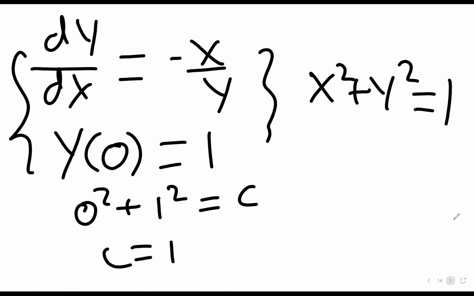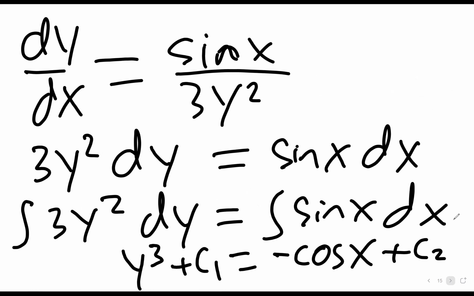And in particular, if you have information at some point between x and y, then you may obtain the value of the constant. And of course, we can repeat the argument for the following differential equation: dy/dx equals sine x over 3y squared. The idea is just to separate the variables.